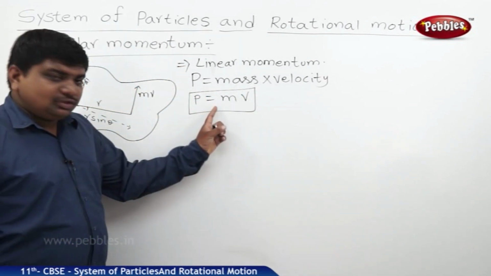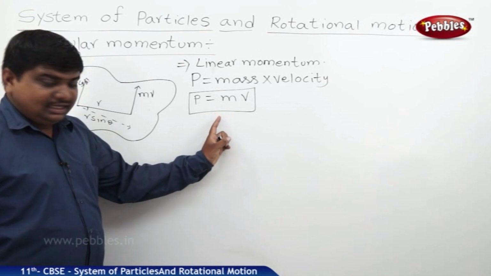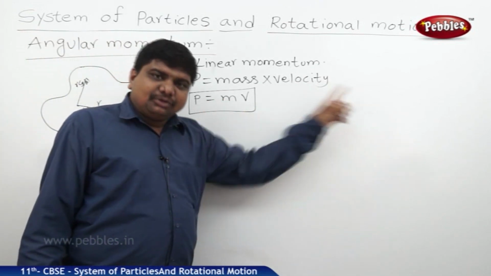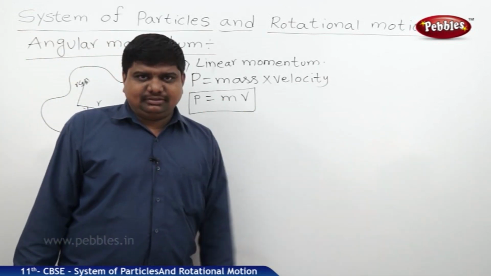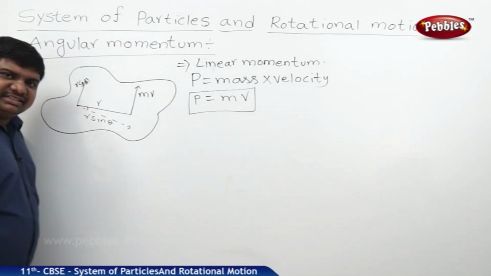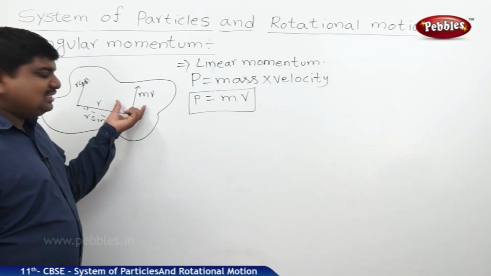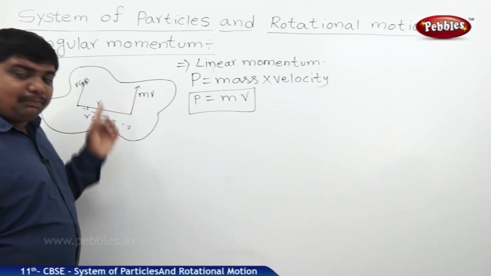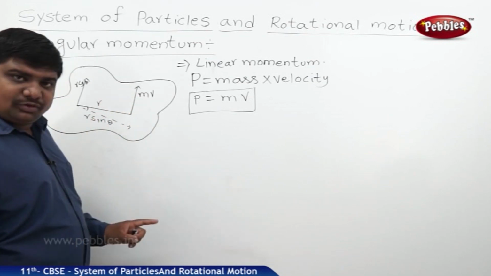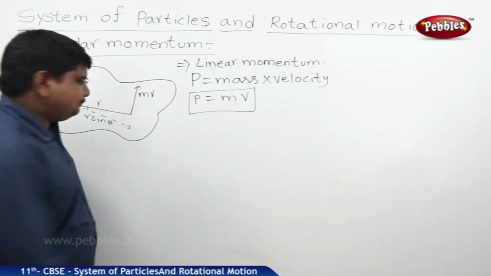This is the momentum associated by a body when it is moving from point to point in a straight line motion. But in case of rotational motion, the momentum experienced by a particle about its point of rotation is called angular momentum.